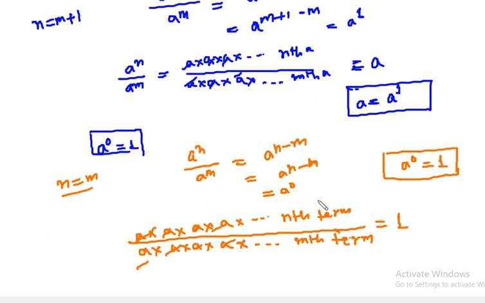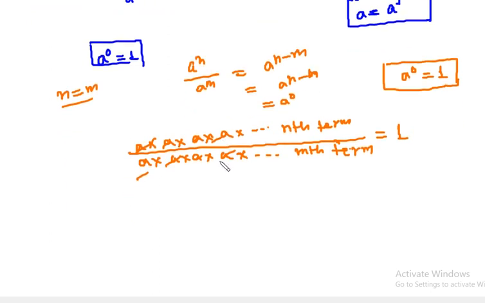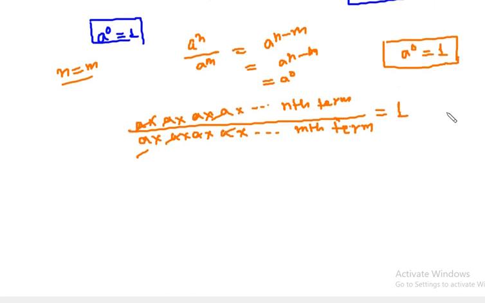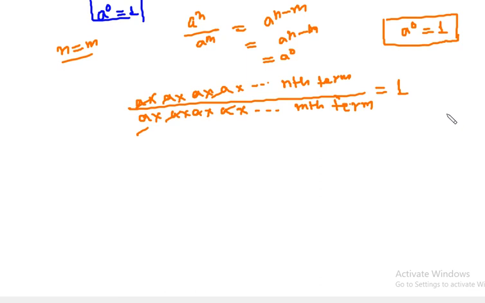A to the power 0 will mean that, and there will be no contradiction, isn't it? So this formula will be valid for m and n even if they are the same, because it is what we get in the original formula. So this is how a to the power 0 means 1.